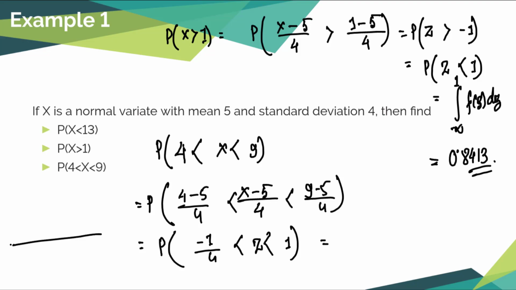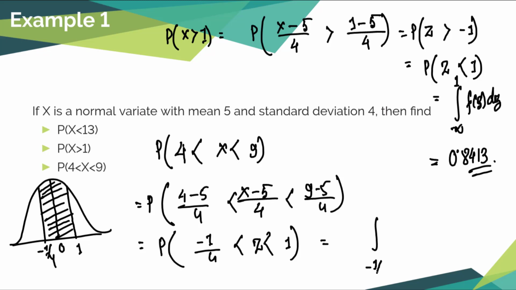So the area that we are trying to find out, this is 0, this is, let's say, minus 1 by 4, and this is 1. We are trying to find the area under this region, so this is basically the integration from minus 1 by 4 to 1 of f(z) dz.